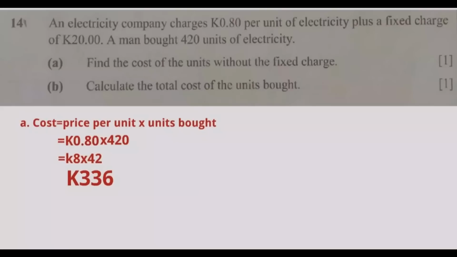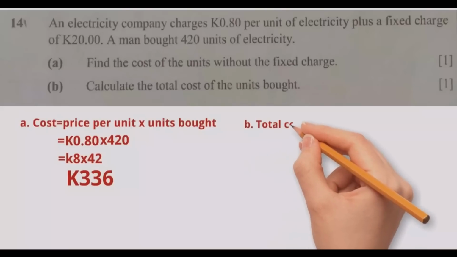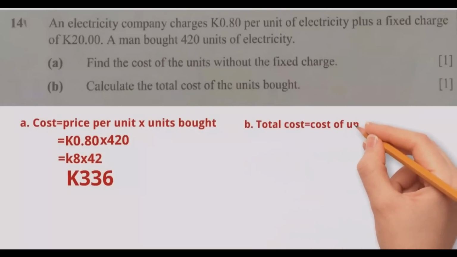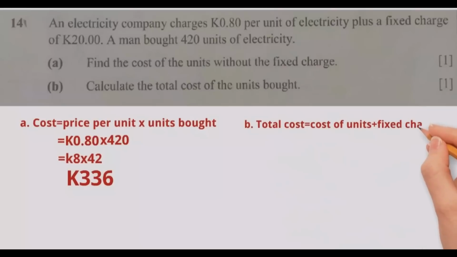We go to question number 14b, which is: calculate the total cost of the units bought. Now, we want to find the total money that was paid. To find this, we're going to use the formula: total cost of units is equal to cost of units plus fixed charge.